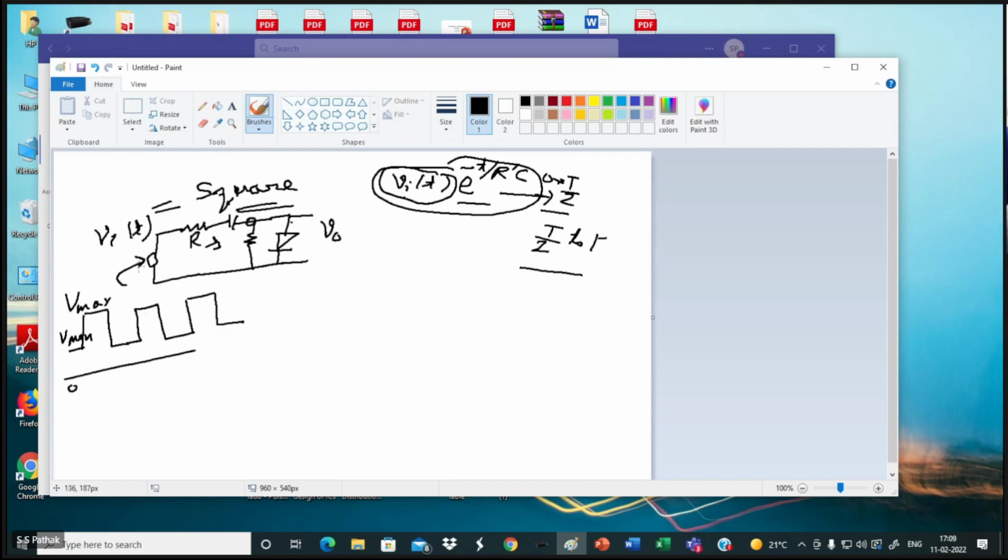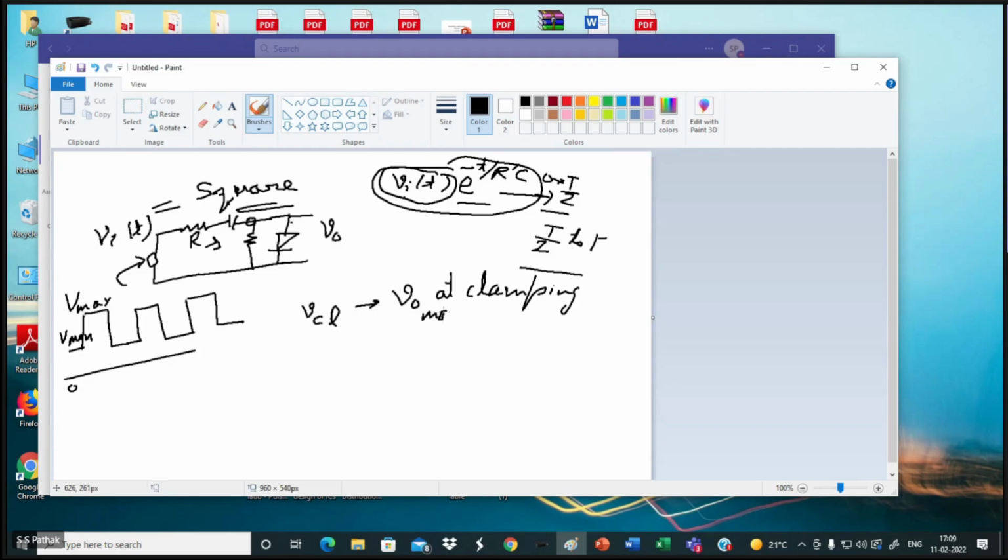I want to find the clamping voltage VCL, that is V naught at clamping. It will be V naught maximum, you can say.